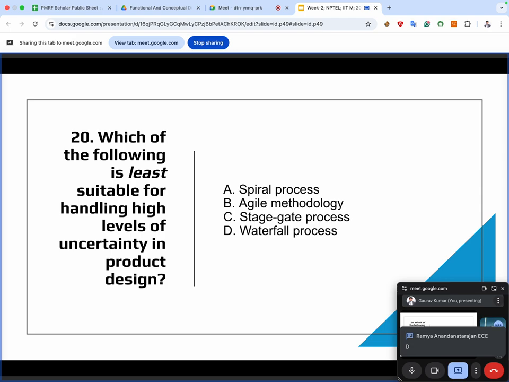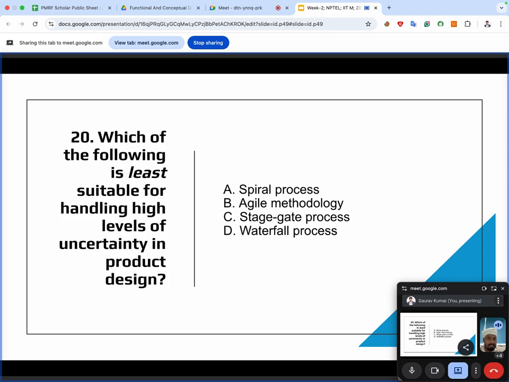What about others? Okay. Because of its linear nature, the waterfall model doesn't handle change well. D is the right answer.